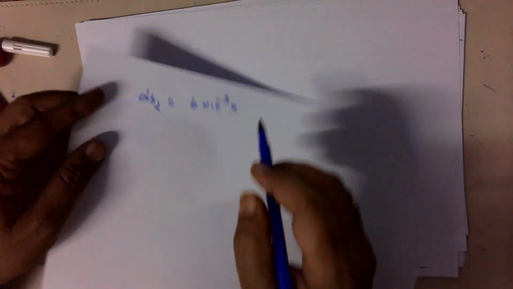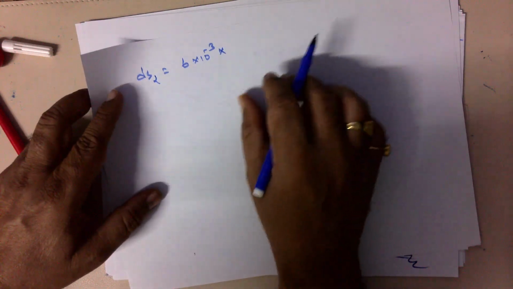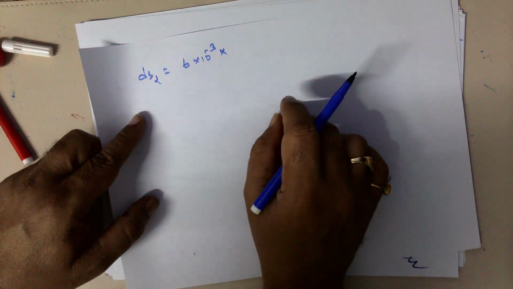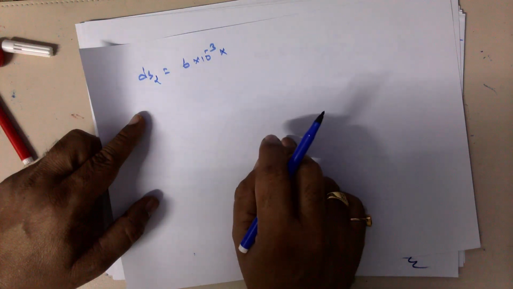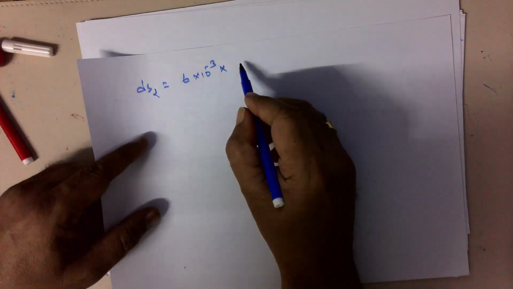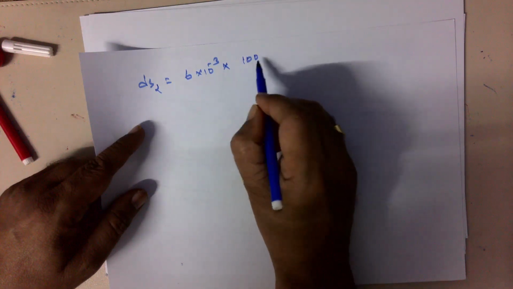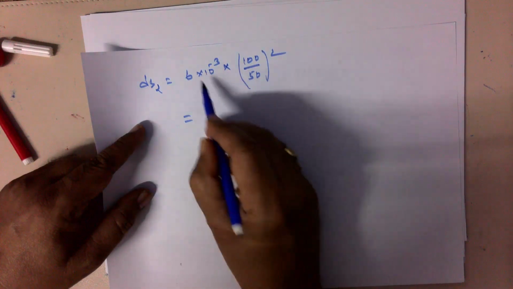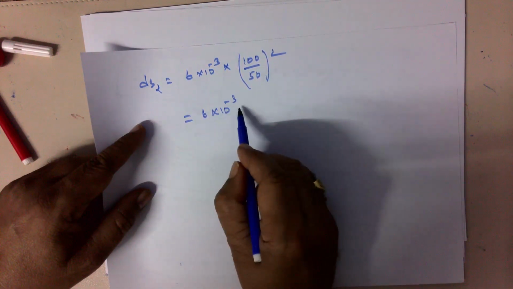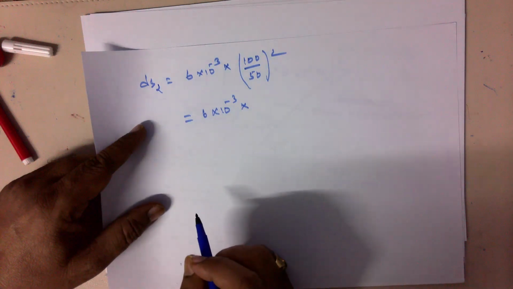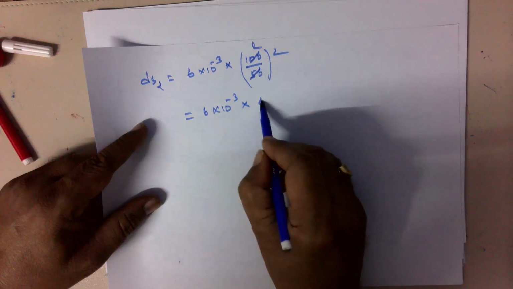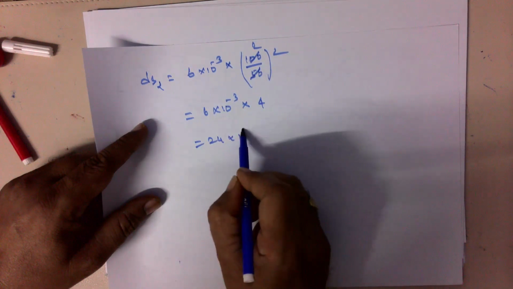And then u2: you need not worry about conversion of kilometer into meter, because these two velocities can be cancelled unit-wise. So this is the strategy we are adopting. What is u2 here? 100 divided by 50. So very comfortably we can do this. So it means 6 into 10 power minus 3 into, and that 100 by 50 is 2, squared is 4. It means 24 into 10 power minus 3.